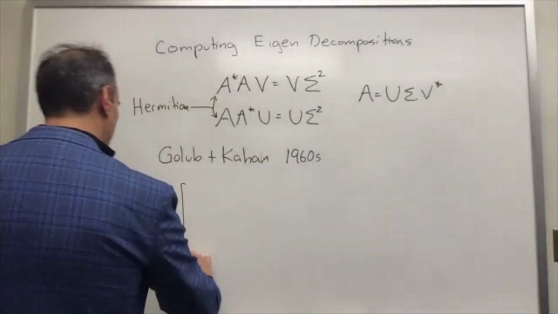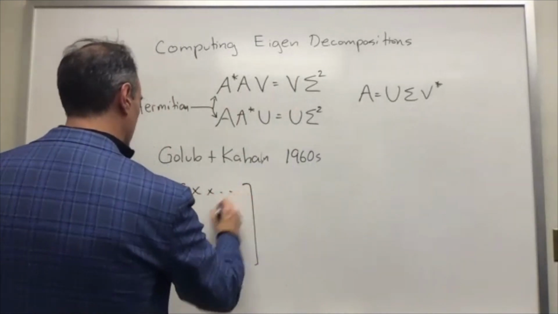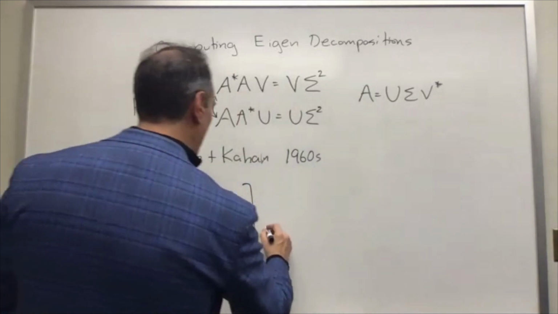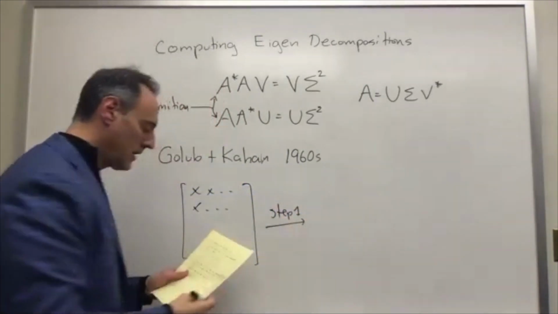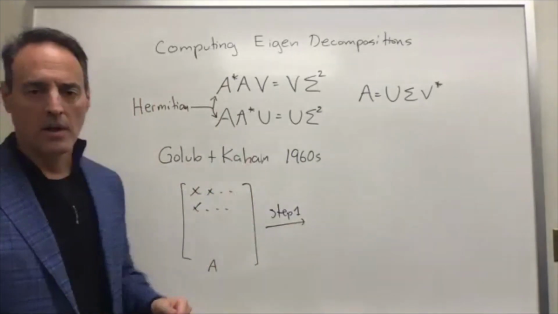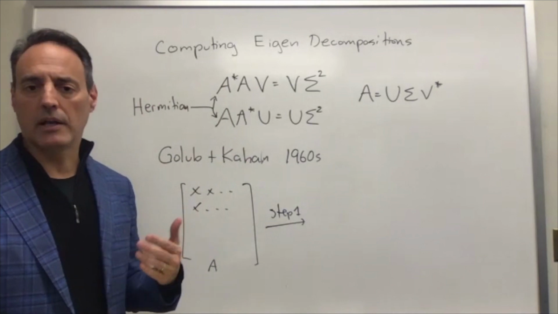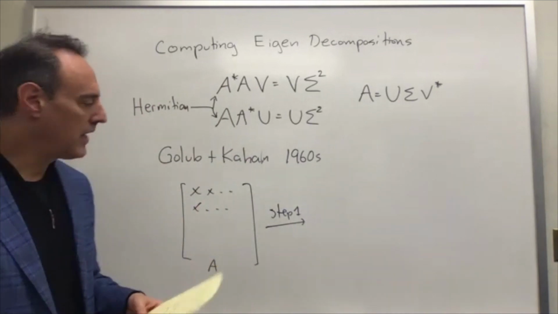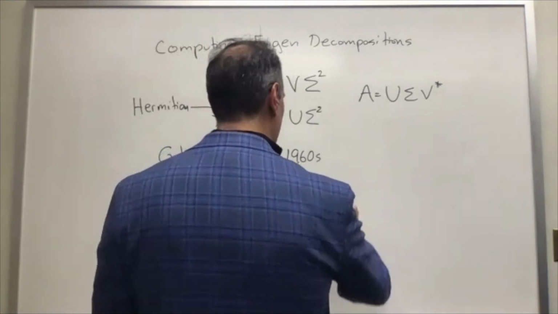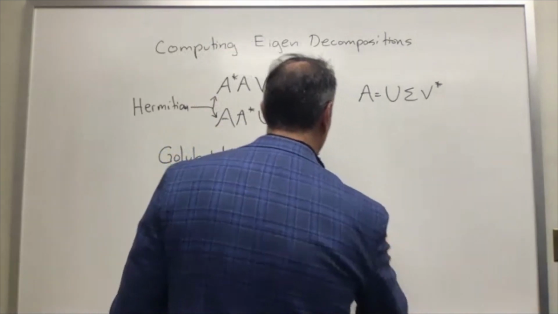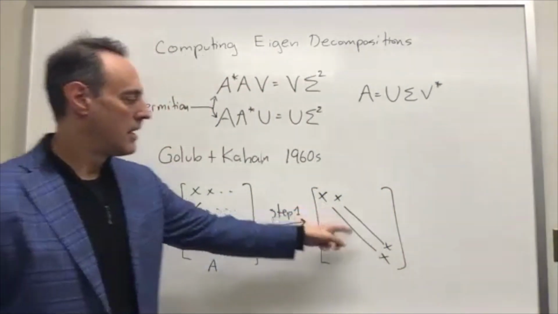You're going to start off with a matrix A. And what they did, instead of putting this in a form of either upper triangular or Hessenberg, is said, hey, let's actually go ahead and transform this to a bidiagonal form. So there's the main diagonal and an upper diagonal.